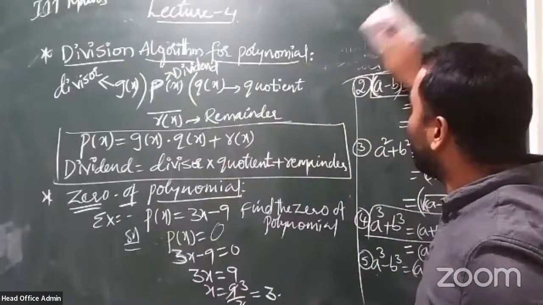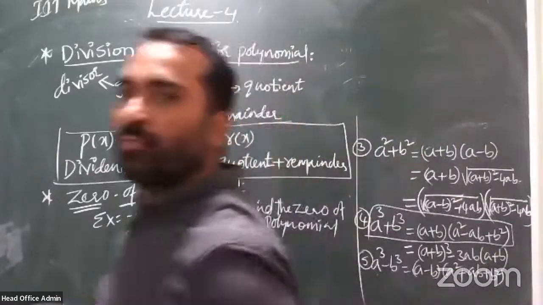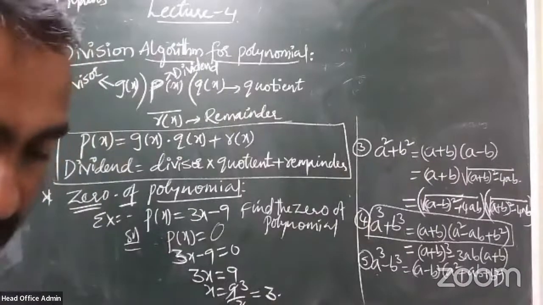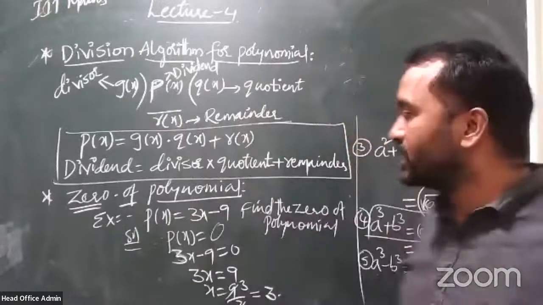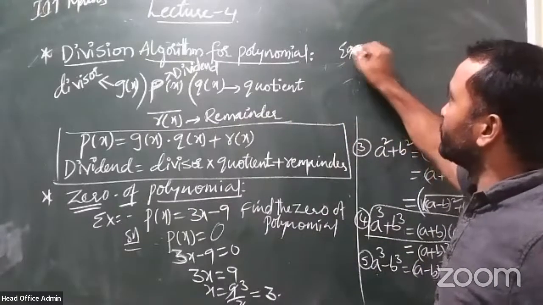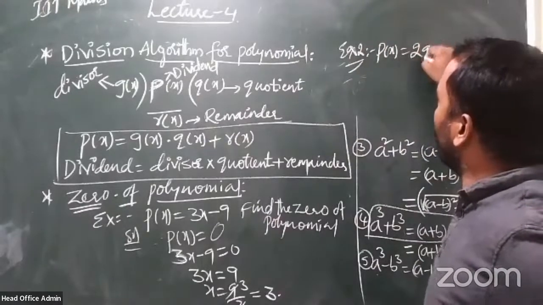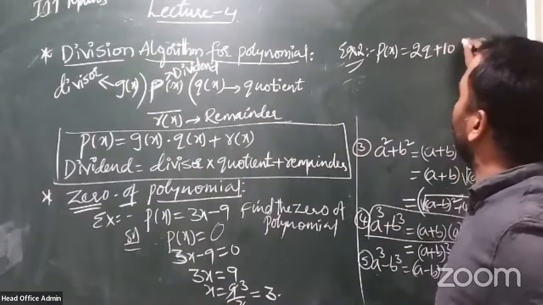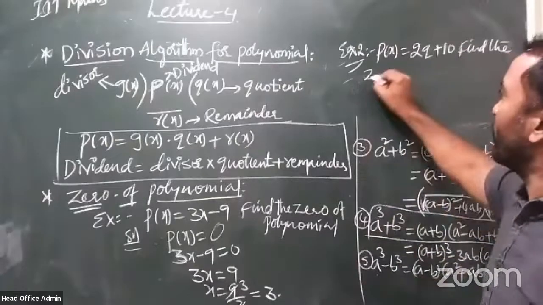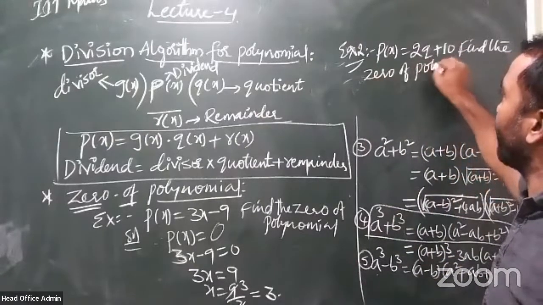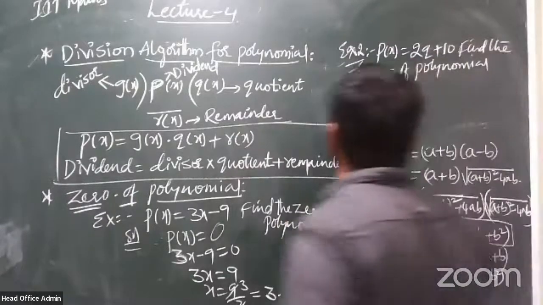Sometimes it may be p, q, anything. Finding the zero of a polynomial means finding one unknown variable value. Example 2: p of x is equal to 2q plus 10. Find the zero of the polynomial.